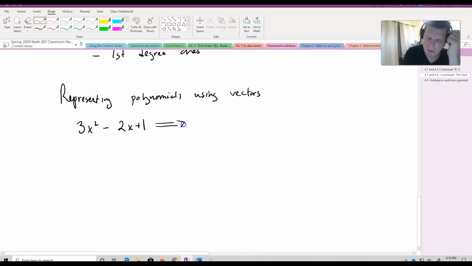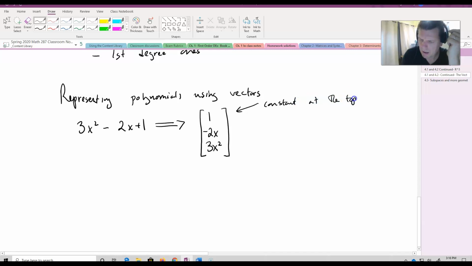This polynomial can be rewritten as the vector 1, negative 2, 3, that is, 1, negative 2x, and 3x squared. Okay, right? Notice constant term at the top, and then descending order, excuse me, ascending order of degree for the other terms.